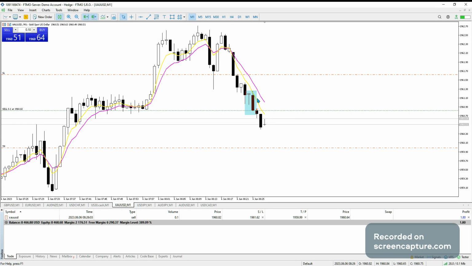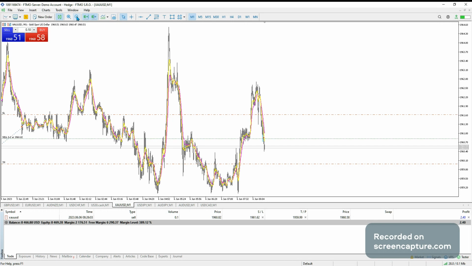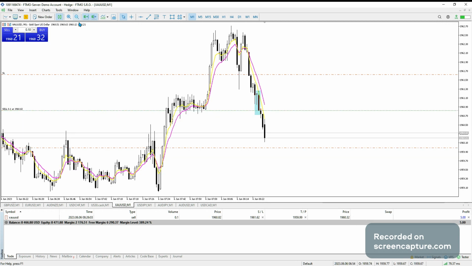I mean, the 5 EMA crosses the 9 EMA, and then you can get out of the trade. You can catch very, very big moves like this one. Okay, you can catch this move from here to here. So it's very, very profitable and very, very easy.